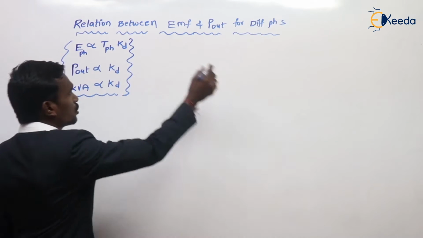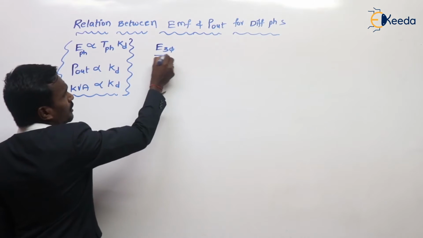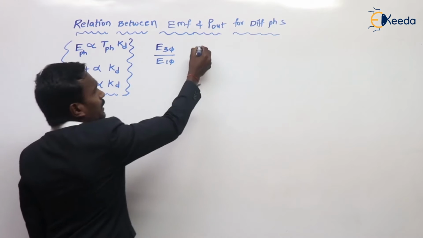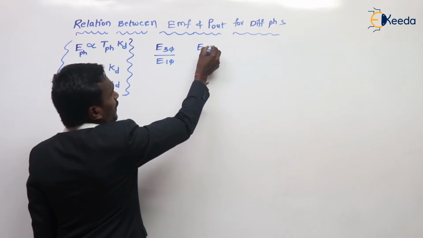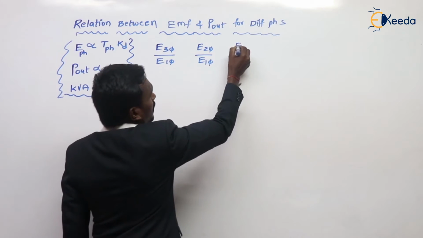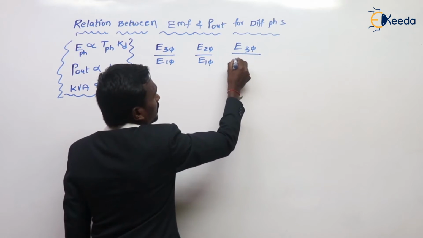How will they ask you questions? What is the EMF in three phase to the EMF in single phase? What is the EMF in two phase to the EMF in single phase? What is the EMF in two phase to the EMF in three phase?